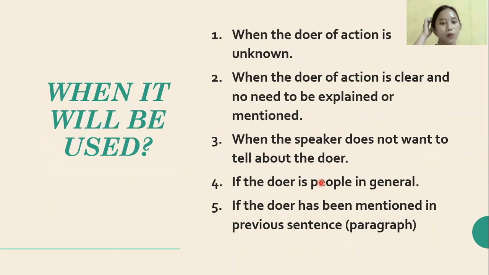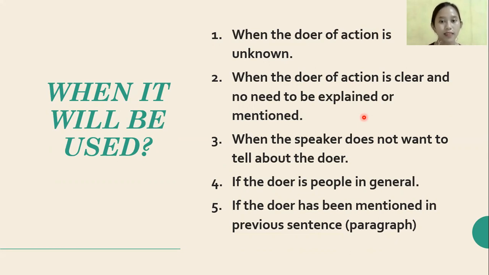Passive voice is used when the doer of action is unknown. For example, my wallet is stolen. We don't know who the stealer is, right? So we use passive voice here. It's also used when the doer of action is clear and no need to be mentioned, like rice is grown in Karawang.